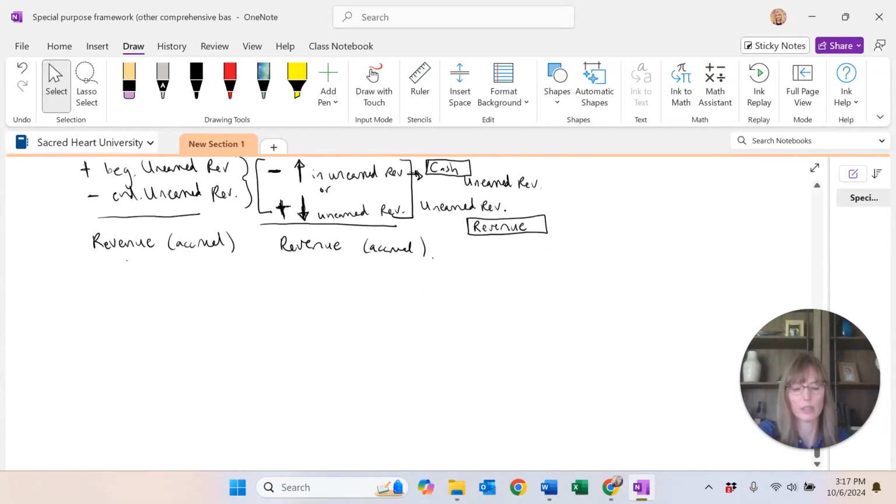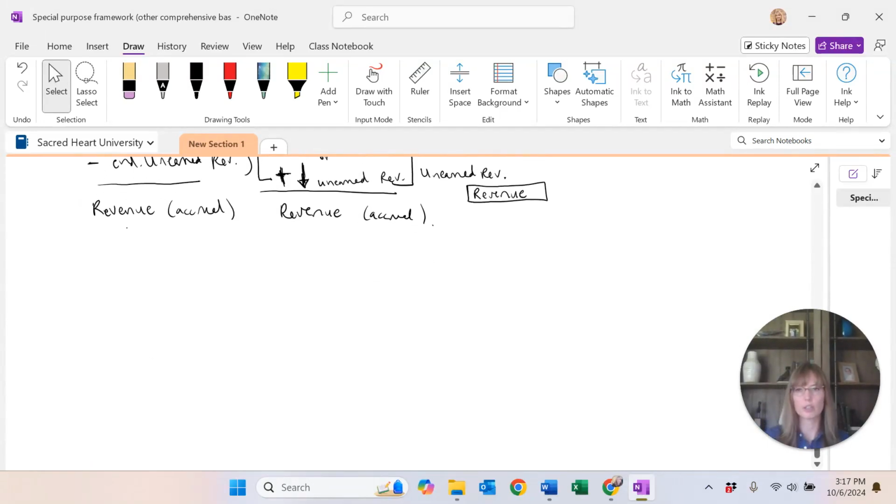Now we need to look at converting our expenses from a cash basis to accrual basis. And we're going to do this two different ways. We're going to convert our cash payments for inventory into cost of goods sold. And then separately, we're going to convert our cash paid for operating expenses, aside from inventory, into accrual basis operating expenses.